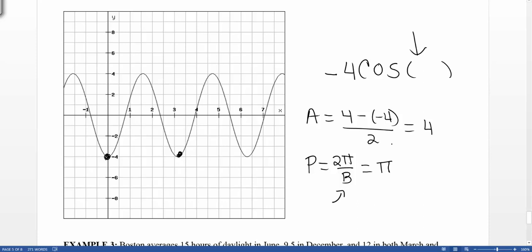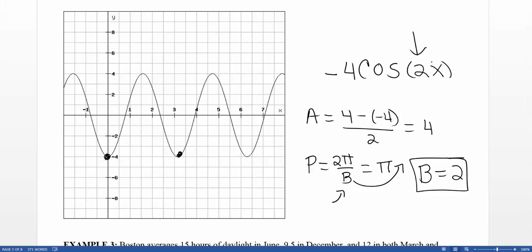So since 2 pi over b equals pi, I can solve for b. I can multiply the b up and then divide the pi down, and algebraically, I get that b equals 2. So I'm going to fill in a 2 inside my argument. So I have -4 cosine of 2x.